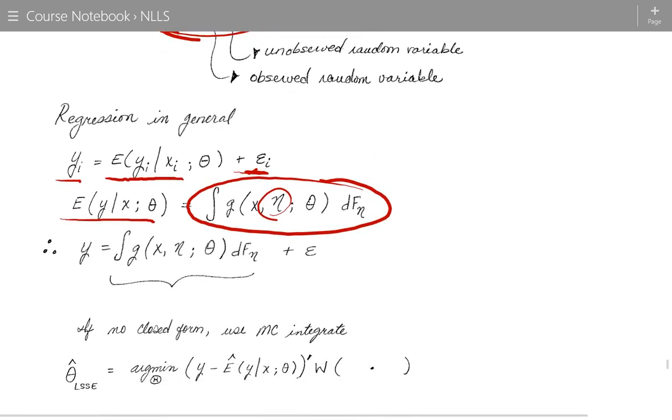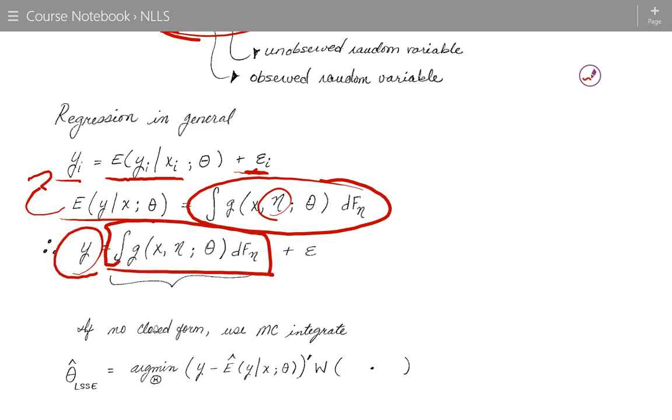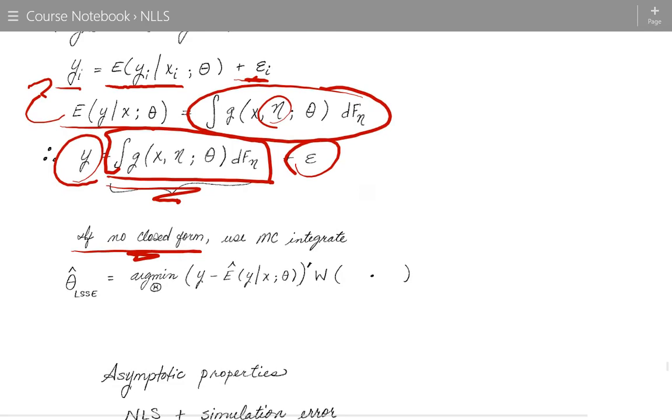So if we plug this into here, we have y is equal to this integral plus eta. If there is no closed form to the integral, doesn't mean that we have to stop. We can use numeric approximations to the integral, and in our case, for this class, we will use Monte Carlo integration.